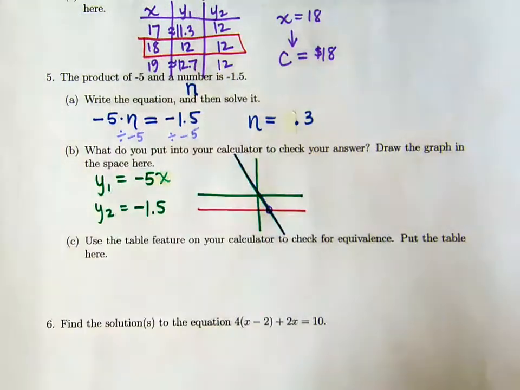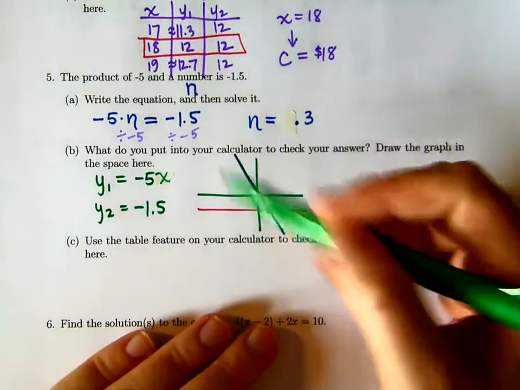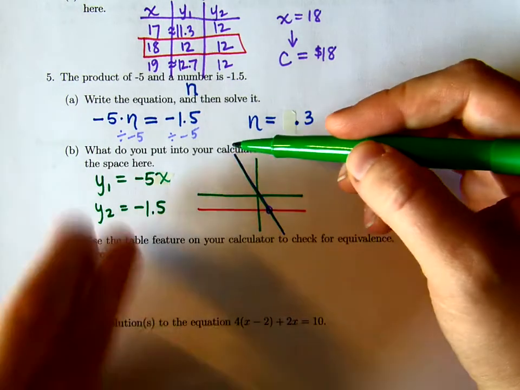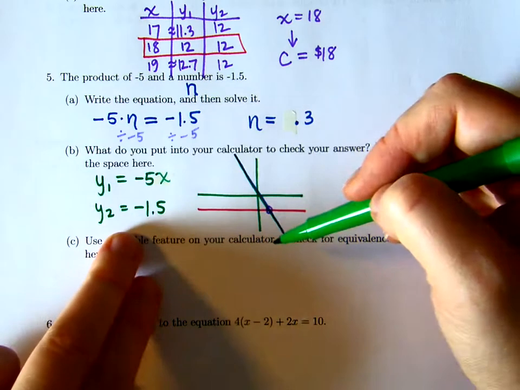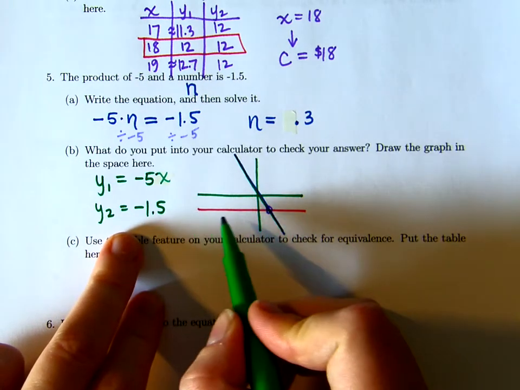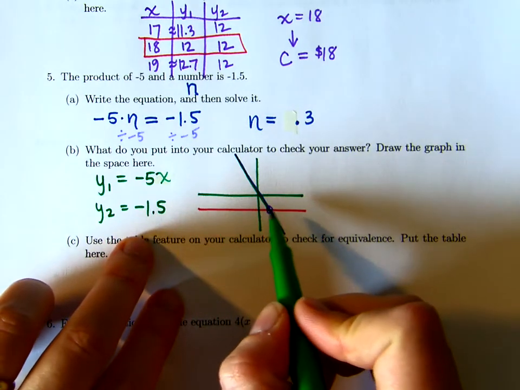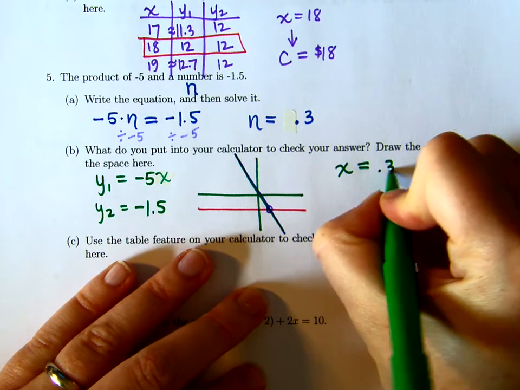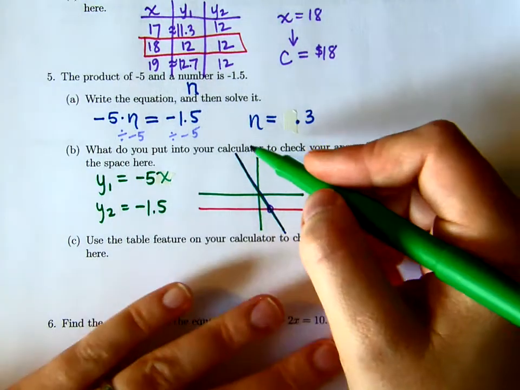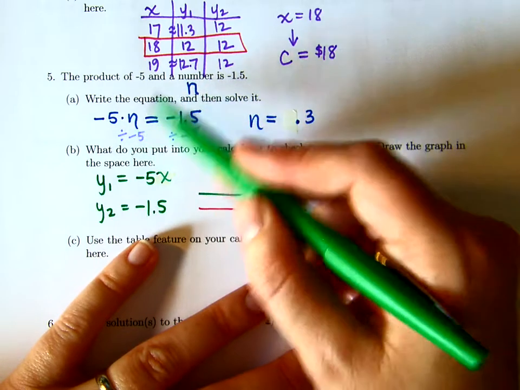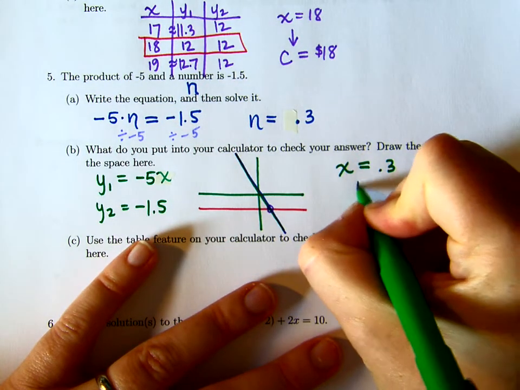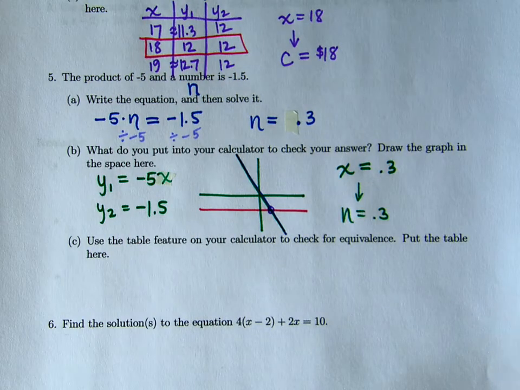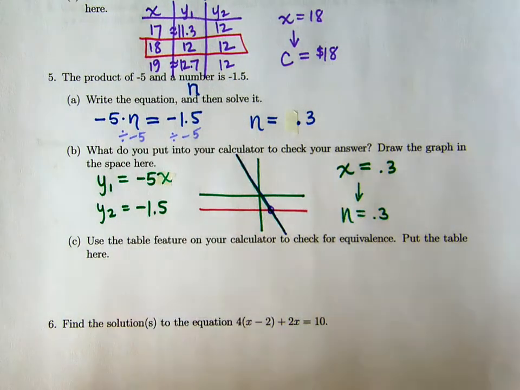Okay, so rough sketch of what's happening is this is the image you would see. You would see -5x, this line, this is the left side of the equals. You would see this line at -1.5, that's the right side of the equals, and here where they intersect, that would give you x equals 0.3, but of course we had to replace n with an x, giving us the solution.